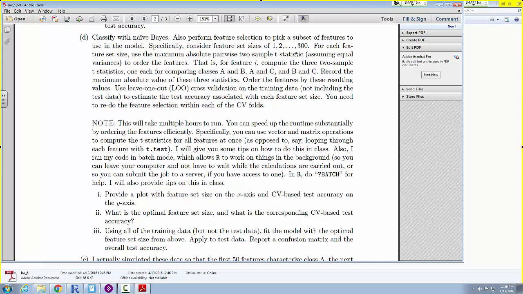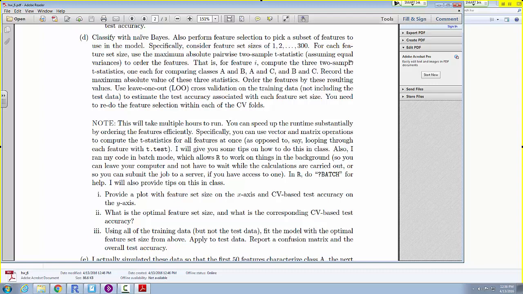We're going to consider different feature set sizes. This is another kind of issue. Suppose we have 1 million SNPs that we're going to genotype for each individual. And we think that perhaps there's a subset of the SNPs that is sufficient and maybe even optimal.